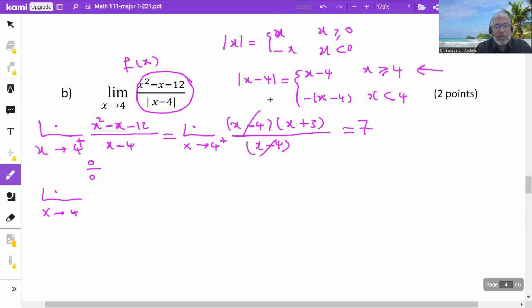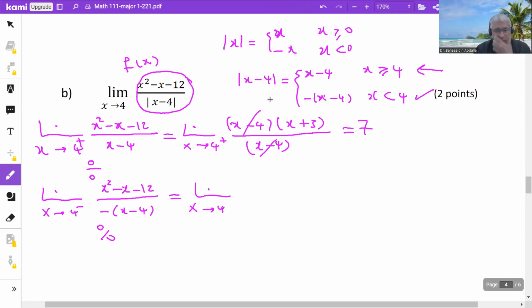What would be the limit when x approaches 4 from the left? Well, x squared minus x minus 12 as it is. And now x approaches 4 from the left, so x less than 4. So the definition of absolute value of x minus 4 would be negative x minus 4. When you replace x by 4 again, you get 0 over 0.